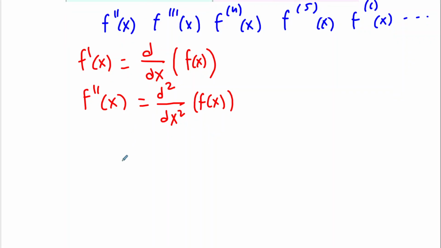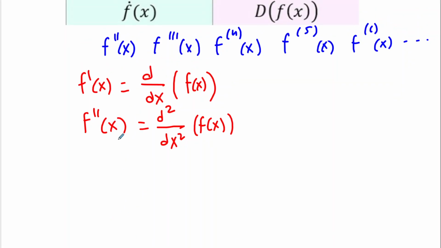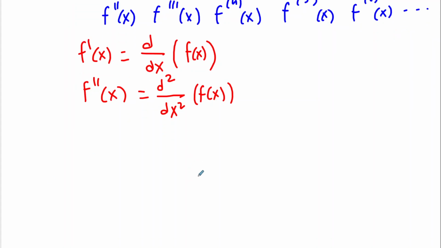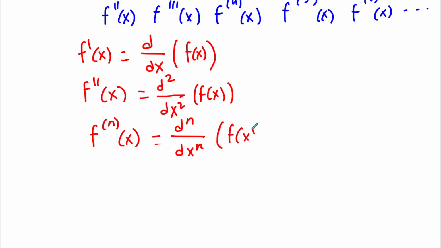Some people say it's because you have to write less, but for now, just make sure you know it. So really, f^(n) of x, the nth derivative, doing the derivative n times, just know it as d^n over dx^n of f of x.